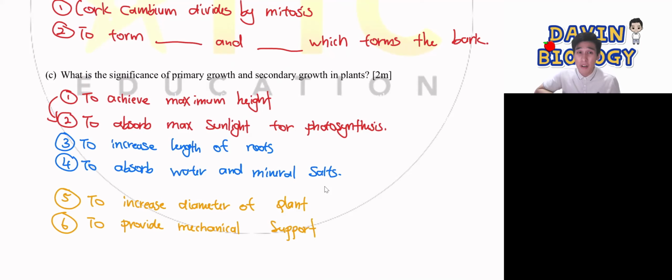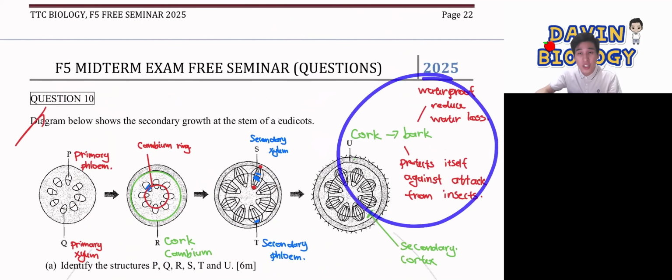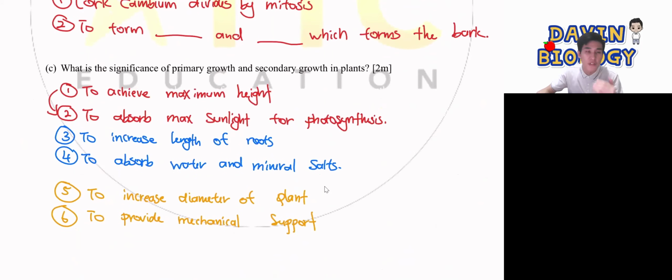If you want to talk about the bark, also can. Secondary growth forms the bark. What is bark for? We already mentioned just now. You also can say this. It's also an importance of secondary growth. Yeah, so what I wrote here are the main ones, though: why you want to grow tall, why you want to grow thick.